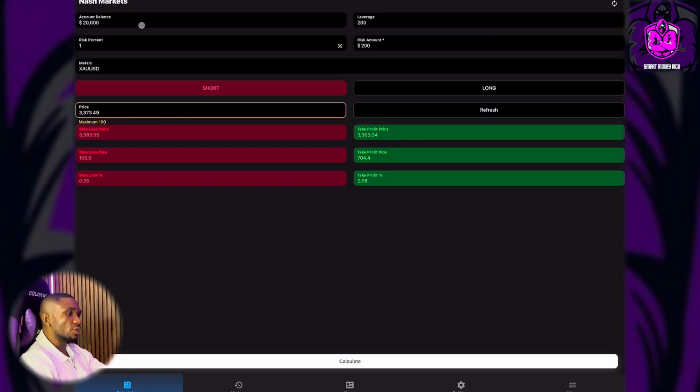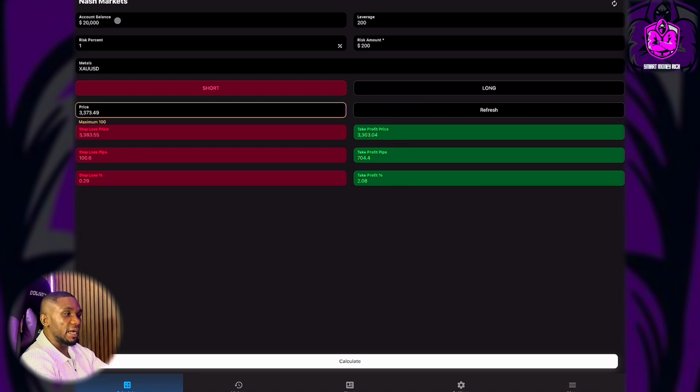Now when it comes to $20,000, let's say for example $20,000 was the account size that you started trading forex with. You might be trading using Nash Markets. Let's say the first day you risked 1%, you lost. Second day you risked 1%, you lost. Don't adjust your account balance to the amount that is.